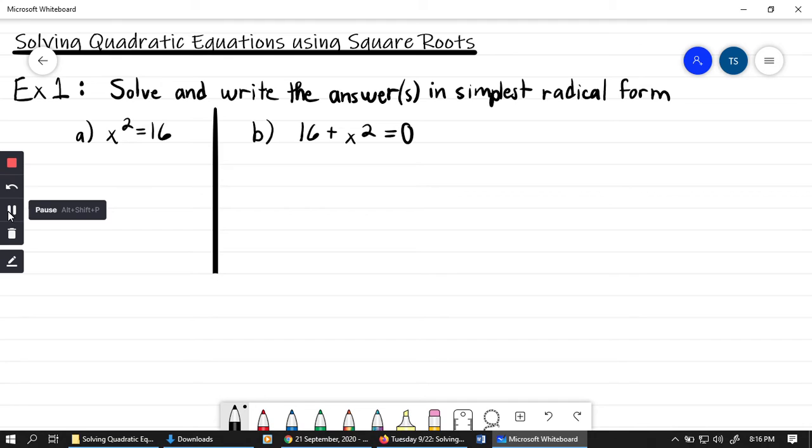So let's say that we were looking at a few simple examples like this here, where we're asked to solve and write the answer or answers in simplest radical form.